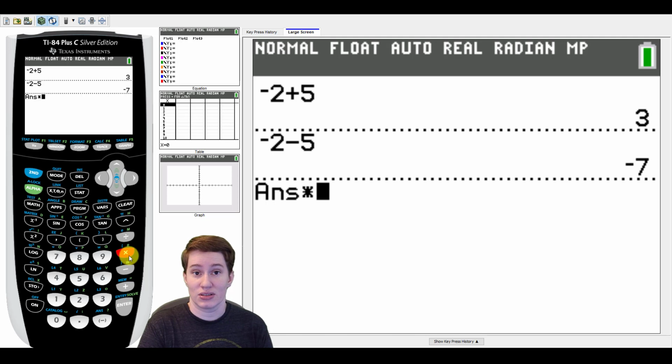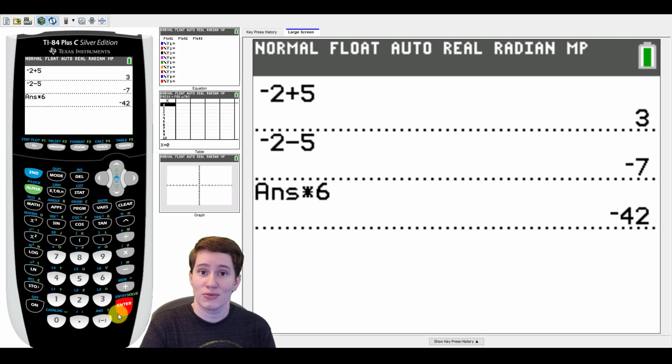ANS is short for answer, and so it's saying, I'm going to take your last answer that you got, I'm going to multiply it by whatever it is you tell me to do. So in this case, it should do -7 times 6, and press enter, and we get -42. So that's a really cool thing we can do. And so just know that if you are wanting to work through something step by step, you can just keep reusing the answer.